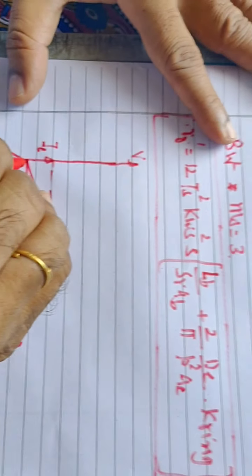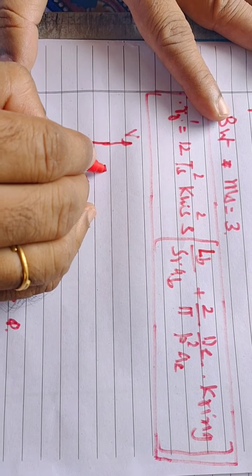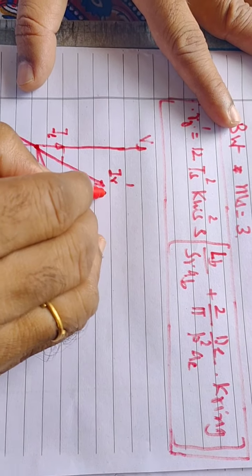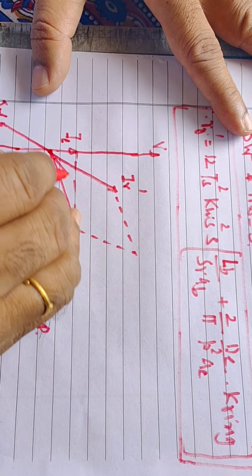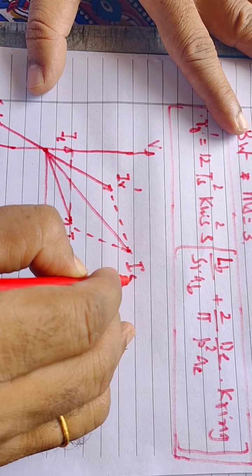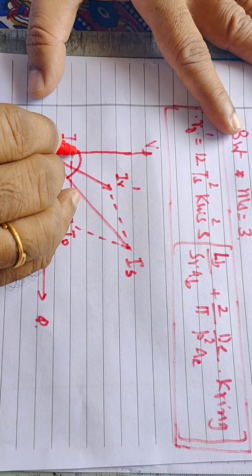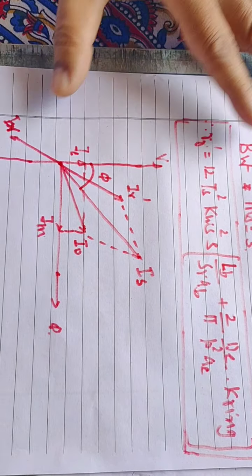The rotor current is reflected back into the stator, so this is IR prime. Phasor sum of I0 and IR prime is the stator current IS, and the angle between IS and V is power factor angle phi.